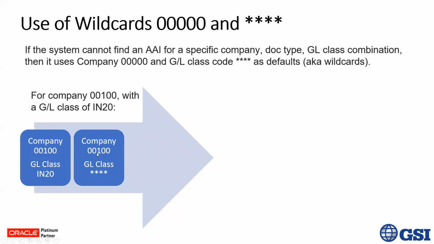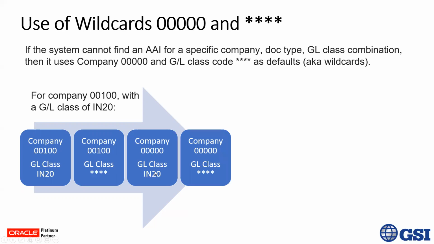Now, if it can't find an entry for company 100 with the 4 asterisks, do I error at this point? And the answer is nope. I still have another step that I try. I say, can I find a company 0 entry with a geo class of IN20, an exact match here, right? And if I do, I'll use that.